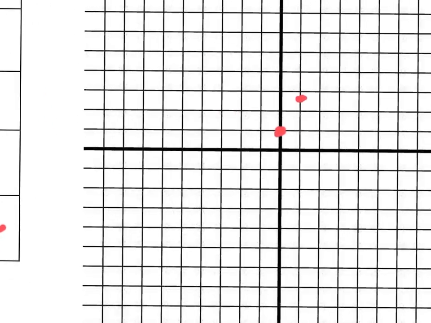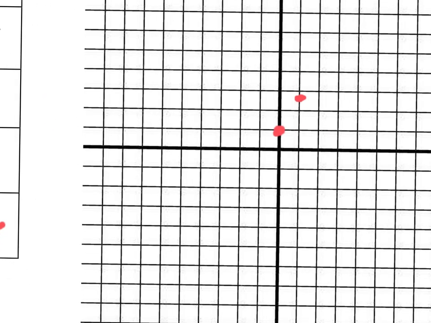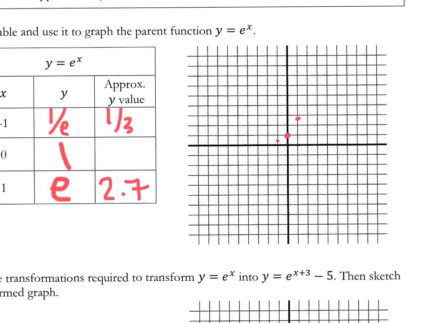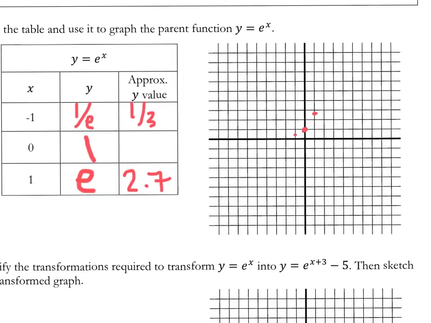So when you go to graph that, you're going to graph it around 1/3. Okay, so that gives you a few points that are on your parent function, and the asymptote is the same, y equals 0. And then you can just connect your dots.